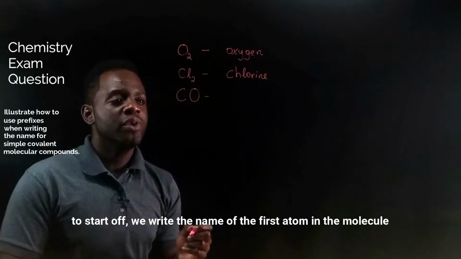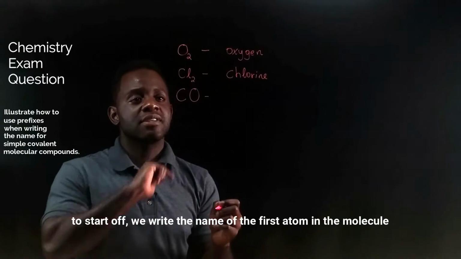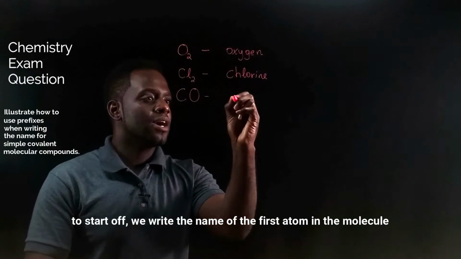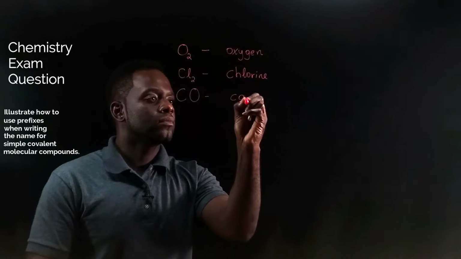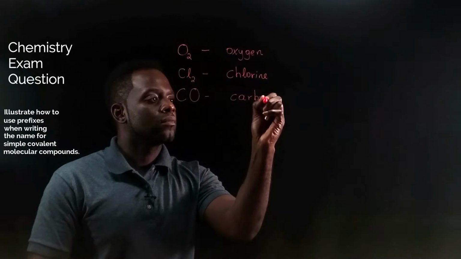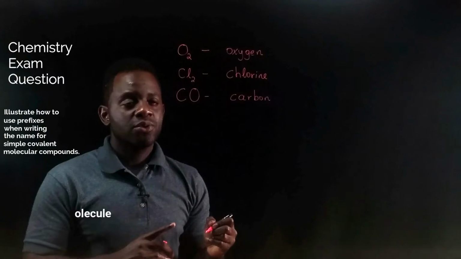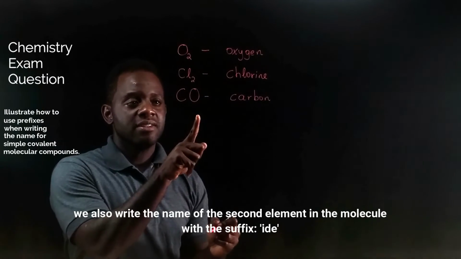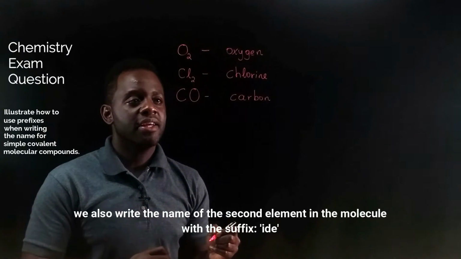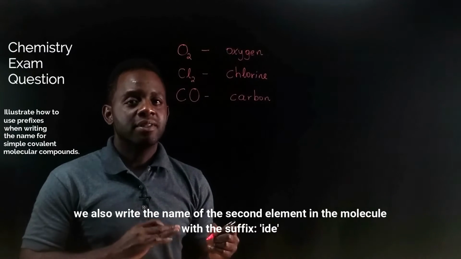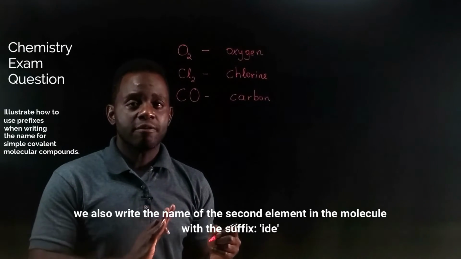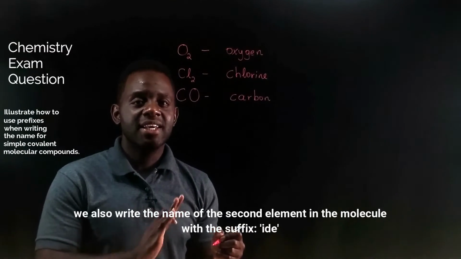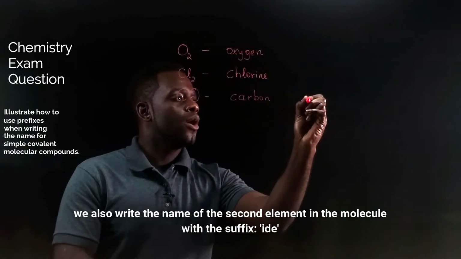To start off, we write the name of the first atom in the molecule, which is carbon. We also write the name of the second element in the molecule, but this time we change the suffix to IDE. So that will be oxide.